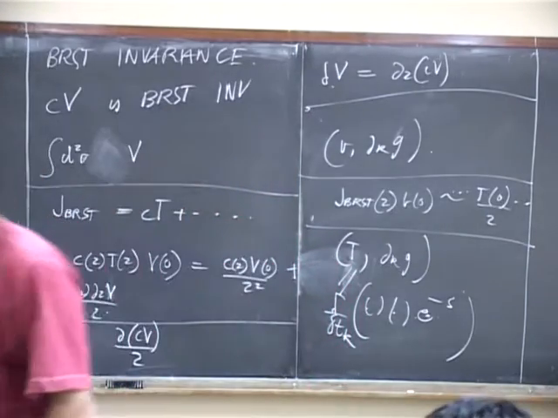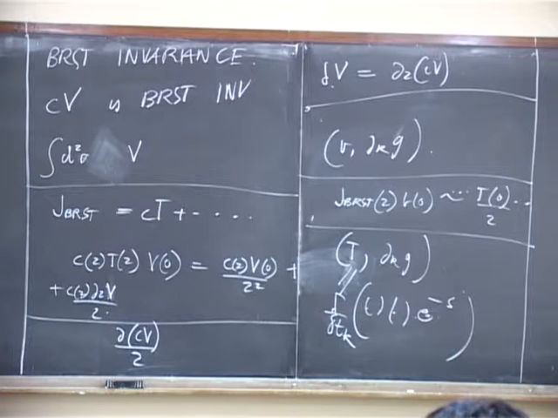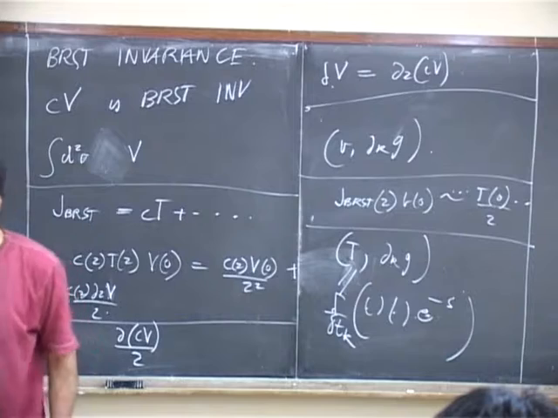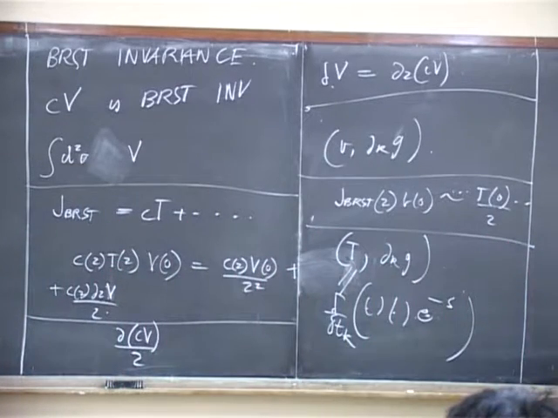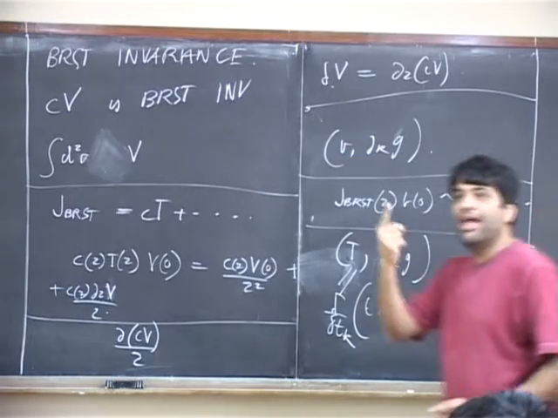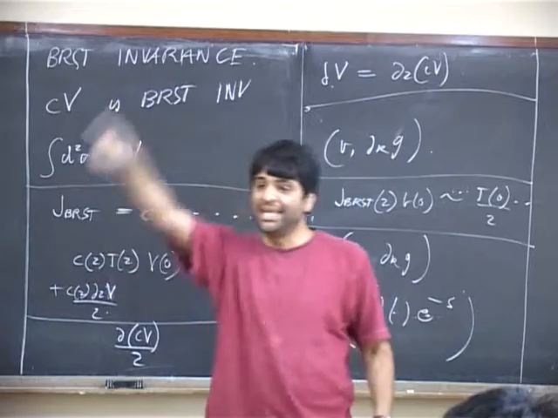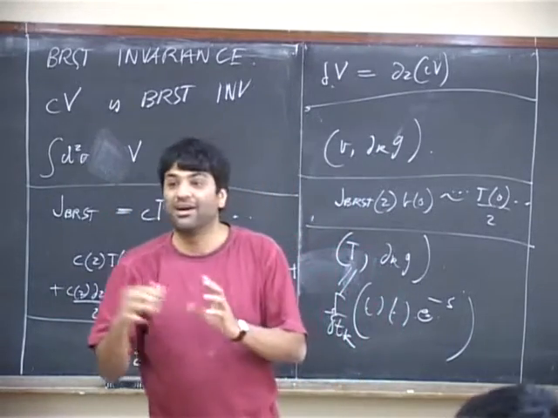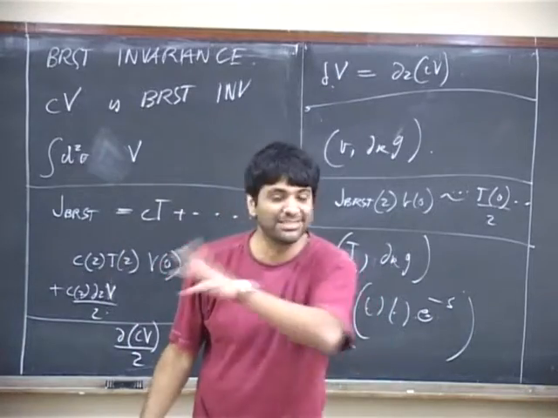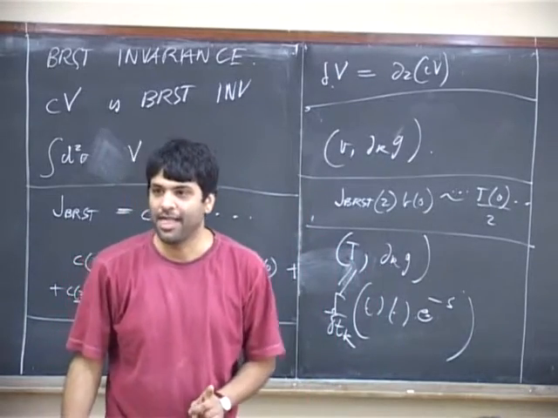So, what if we insert a B also? Yes, that is a very good question. There is a way of writing the path integral in which you put every insertion as a C times V and then have a B inserted on a contour around the remaining C's, the ones that would otherwise have been integrated.